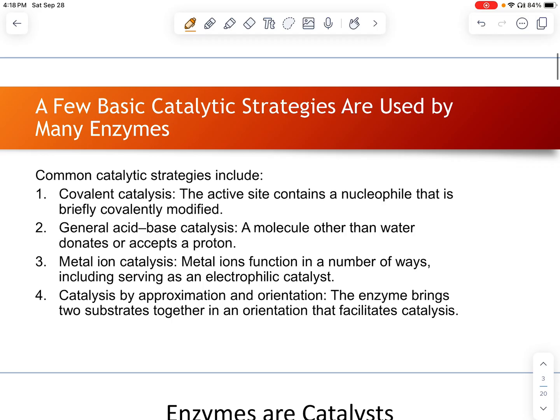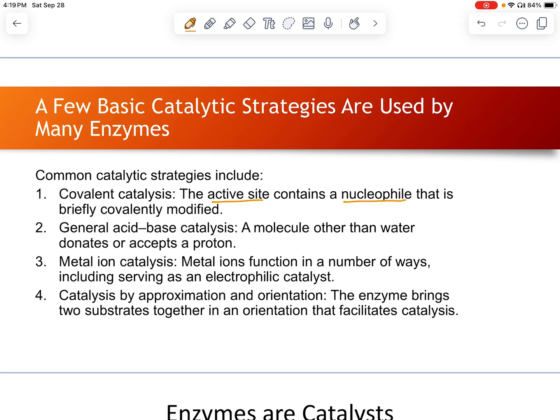And real quickly, I want to first talk a little bit about some common catalytic strategies that are used by many enzymes. Covalent catalysis, where the active site contains a nucleophile that briefly forms a covalent bond.